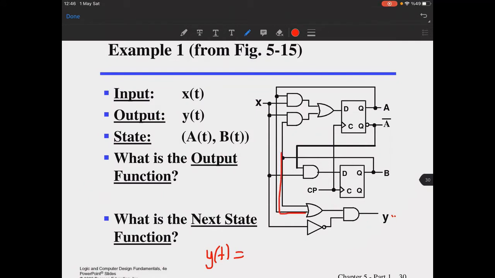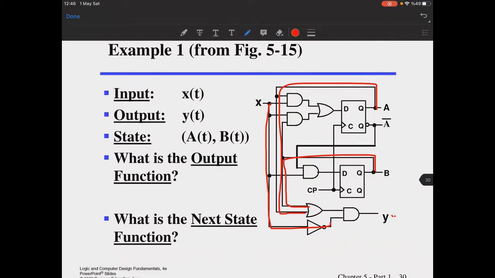What you see here is A and B, A(t) or B(t), and this one is the inverse of x, x not. I hope this one is correct.